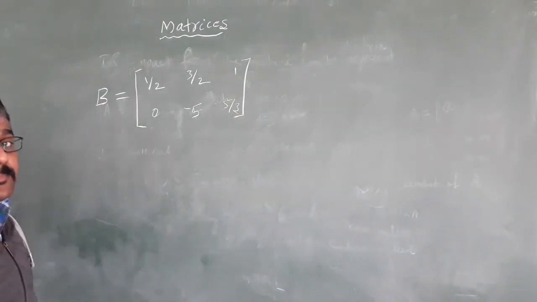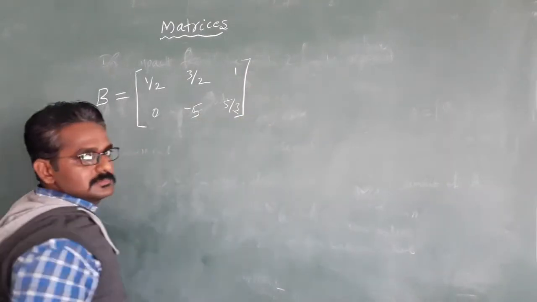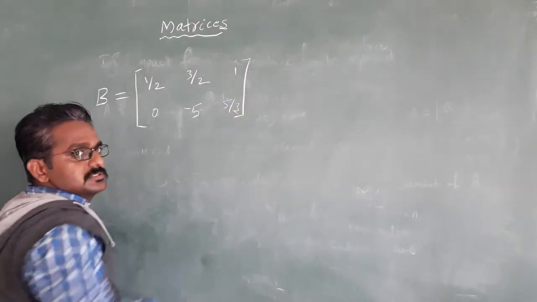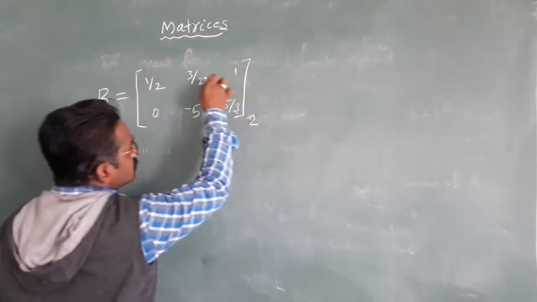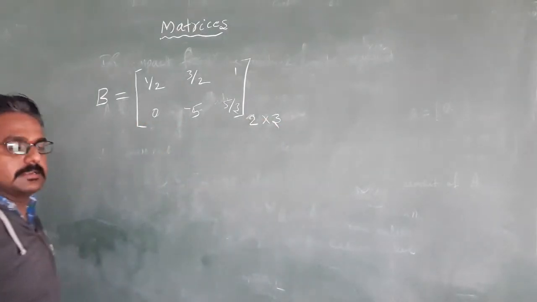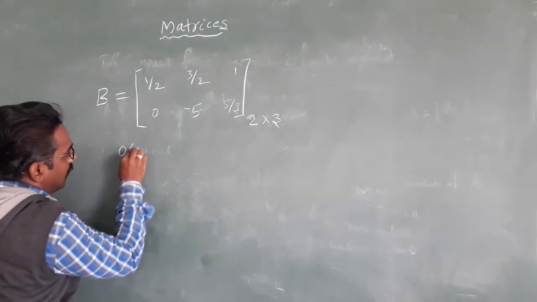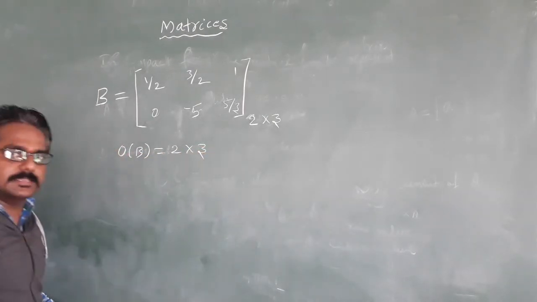What is the order of the matrix? Number of rows, number of columns. So totally 2 rows are there and 3 columns are there. So the order of B is 2 cross 3.